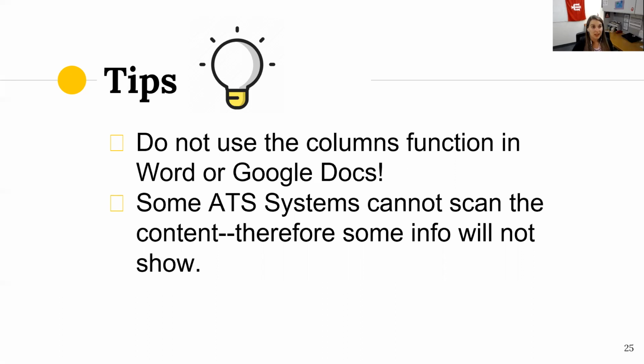So if you submit anything on your resume that has a text box, the system won't read it. It'll just be blank. And I've seen people's resumes go through an ATS system where nothing was viewed because they had their whole resume in a text box. So stay away from those. You don't want to be left out of a pool just because your resume wasn't read.